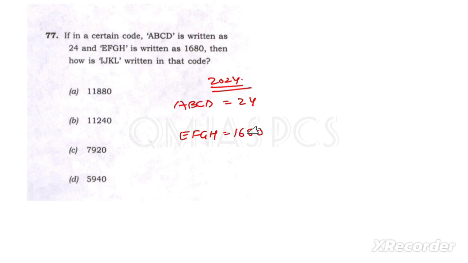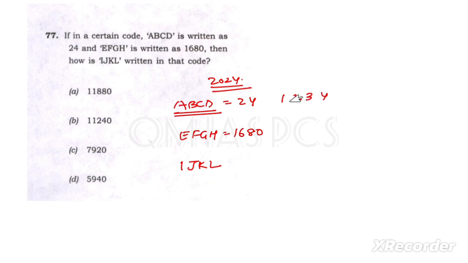Then what will be the value of IJKL? So you have to decode: if ABCD is equal to 24 and EFGH is equal to 1680, what can be the value of IJKL? For the first one, just go through the process I have told you. A is equal to 1, B is equal to 2, C is equal to 3 and D is equal to 4.